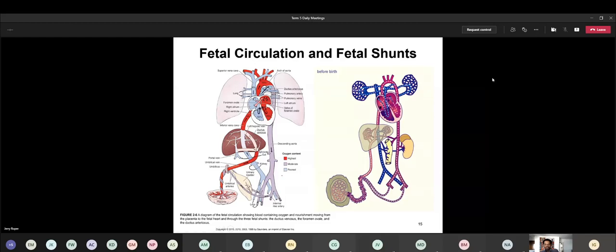So because there's so much resistance to blood flow in those pulmonary arteries, by the time the blood makes its way into the pulmonary artery, the path of least resistance, where is it easier to go? Is it easier to go out to the lungs where there's a huge amount of resistance to flow? Or would it be easy just to shoot across this opening here, which is our ductus arteriosus? And of course, it's going to be much easier for the blood just to shoot across into the aorta via the ductus arteriosus.